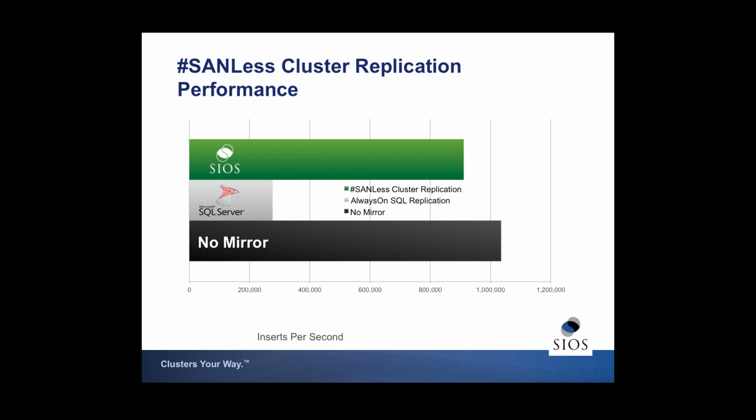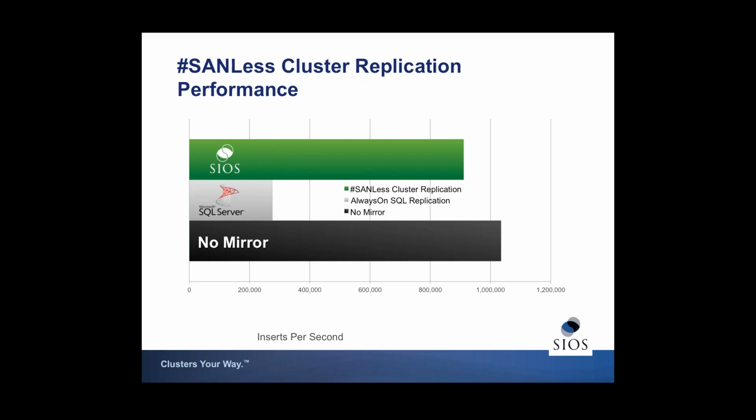Now, the row above it, the SQL Server always-on availability group synchronous replication row, the gray bar there, that's where we then took a pair of VMs, set up always-on availability groups with synchronous mirroring. Here we had 10 gigabit interconnects between everything, and that had a pretty significant performance penalty. That same workload was only able to insert just over 200,000 rows per second.